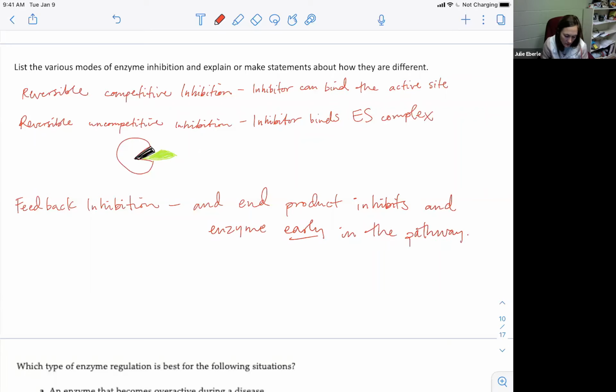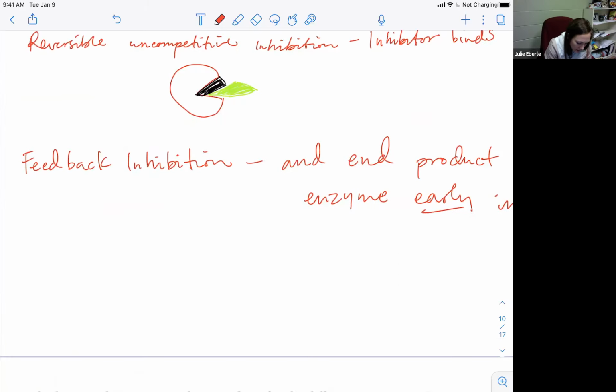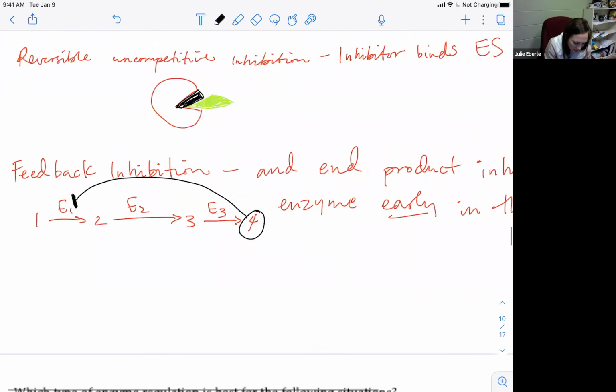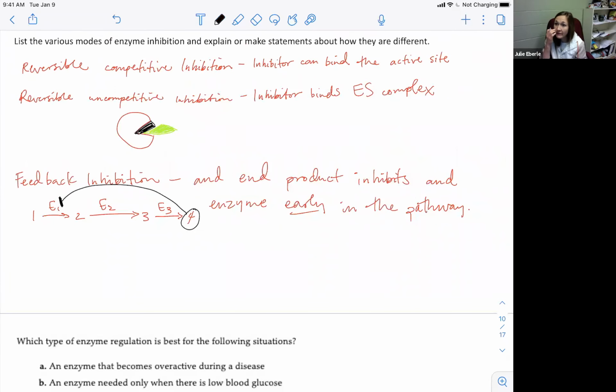Okay. So the way that looks, if we have substrate number 1, and this would be enzyme 1 to product number 1 to substrate number 2, enzyme 2 and enzyme 3, what it might look like is this final product right here comes back and inhibits the first enzyme so that we cut off the pathway if we have enough of that product.